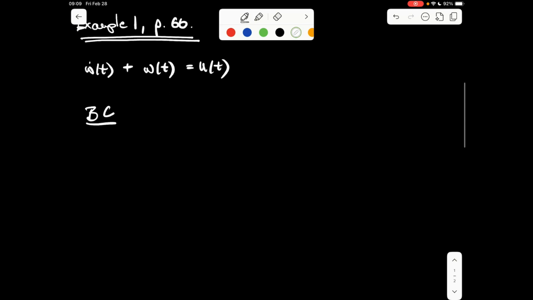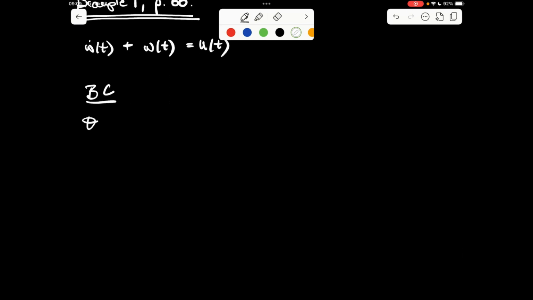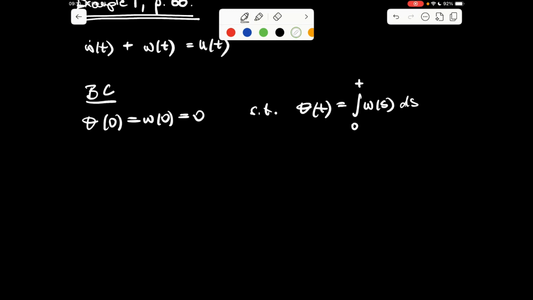We have a variable called theta. Supposing that theta at time t, which we call the angular position of the motor shaft, is the time integral of the function omega, from which it follows that theta at time 0 must be 0 because this set is empty.